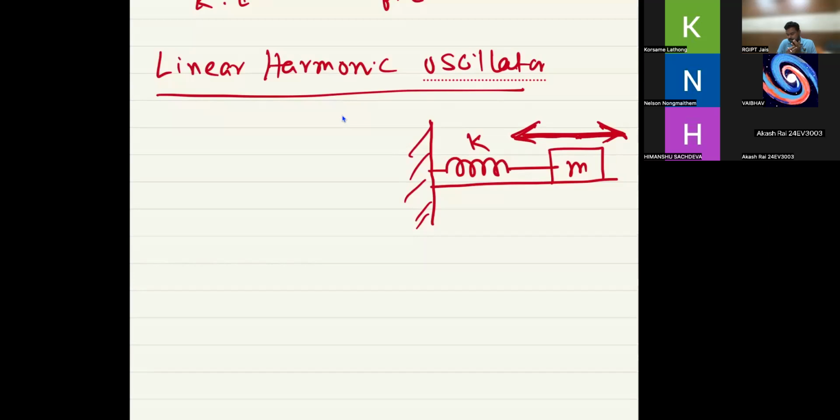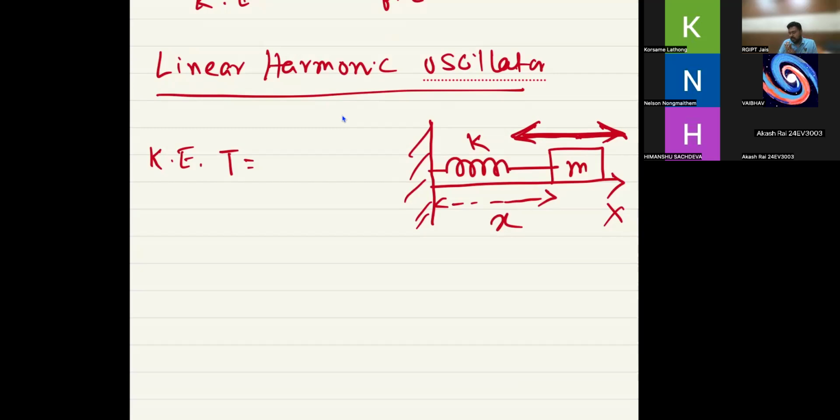Can you tell me what the kinetic energy is in this case? Let's say this is along the x direction, and this mass m is displaced by amount x. Half kx square? Is that kinetic energy or anything else?